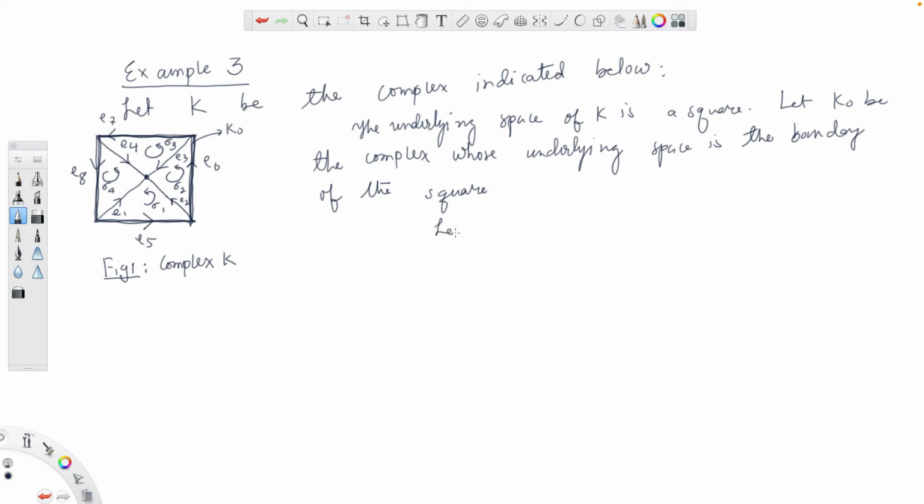Now let sigma be a two-chain given by the sum of m_i sigma_i, over all i from 1 to 4. The sigma_i are the elementary two chains corresponding to the oriented two simplices sigma 1, sigma 2, sigma 3, and sigma 4, which are all oriented counterclockwise. Let us denote this two chain by sigma.